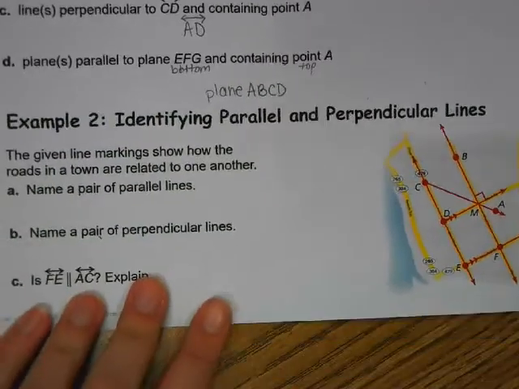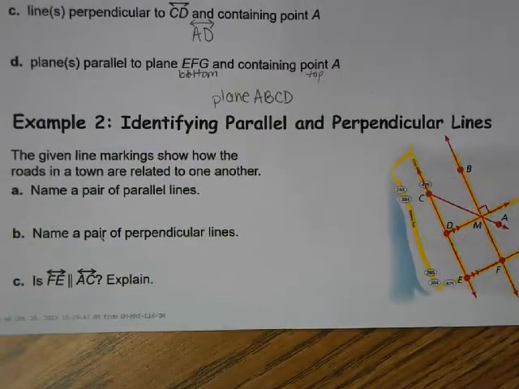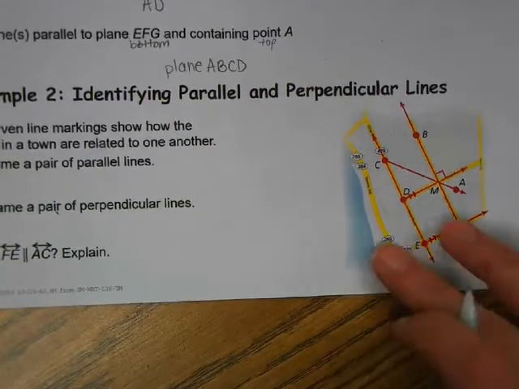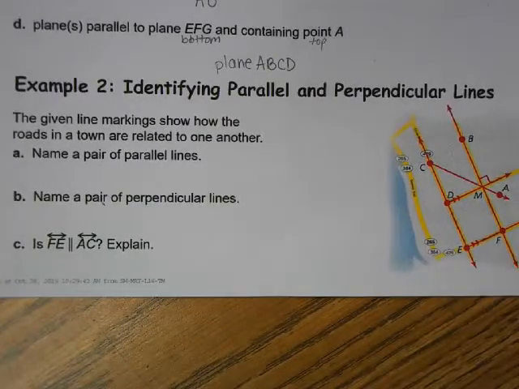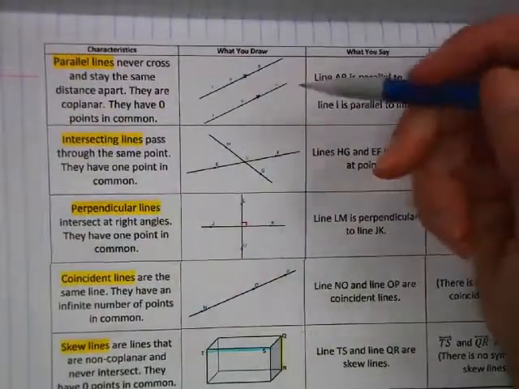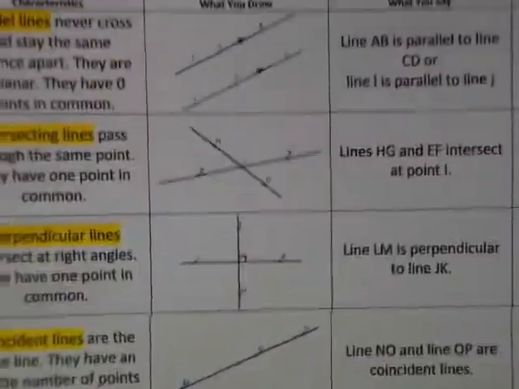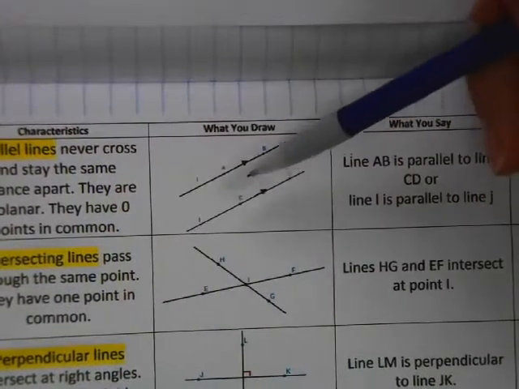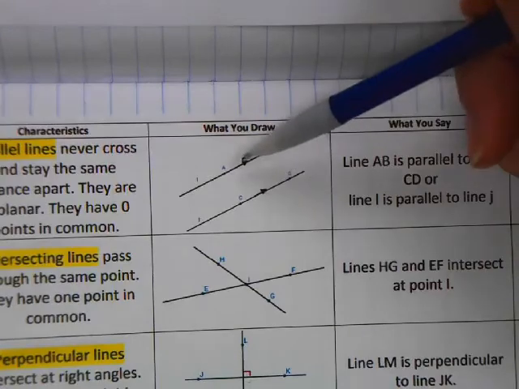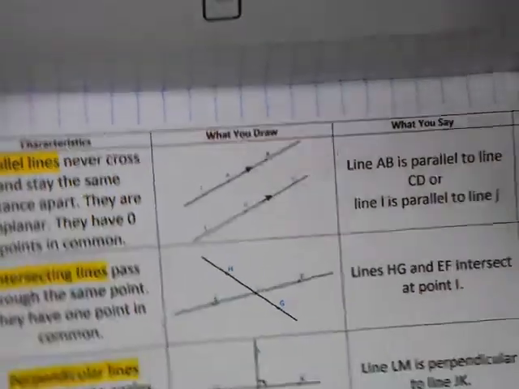Okay, down at the bottom you have line markings that show how the roads in a town are related to one another. So you're reading a diagram. So part A says name a pair of parallel lines. So remember from our vocabulary on page 27 that we are looking for two lines that have the parallel symbol. So look for two lines in that diagram that have the parallel symbol.